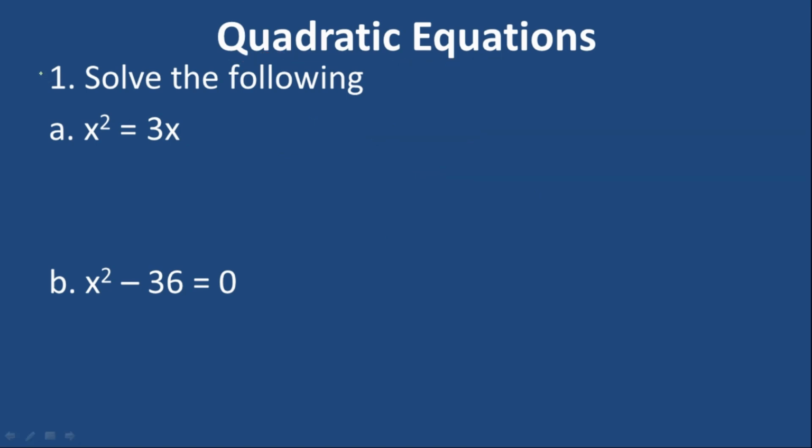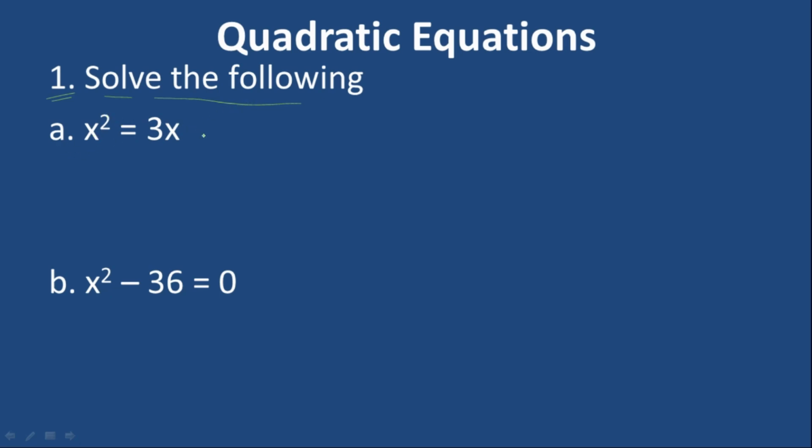For this video, we will see specific rules for each topic, and practical examples with solutions. The first question is: solve the following. The first one is x squared is equal to 3x.